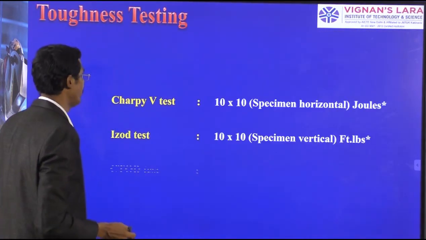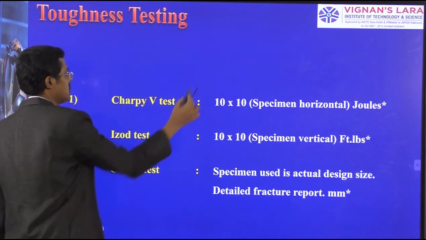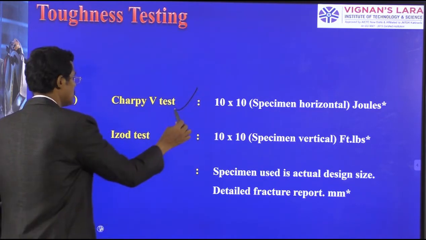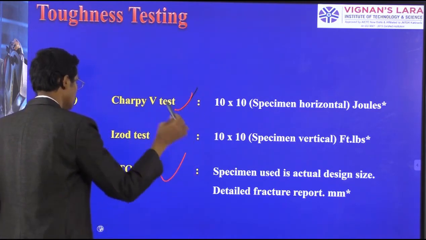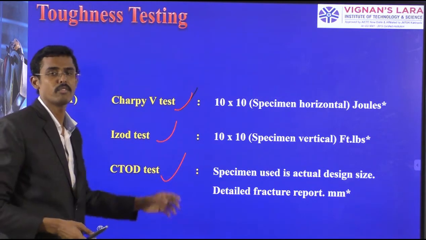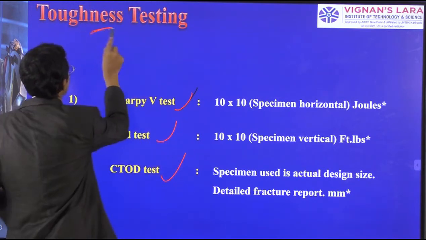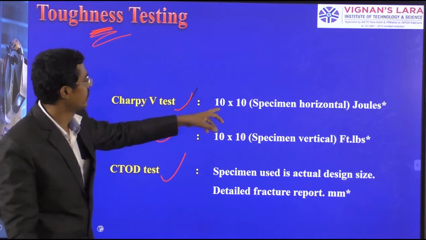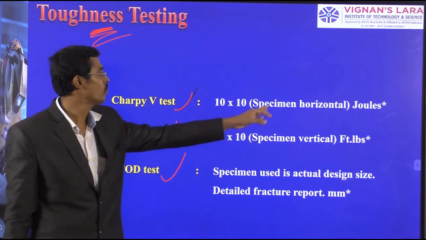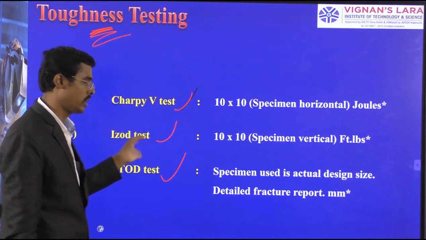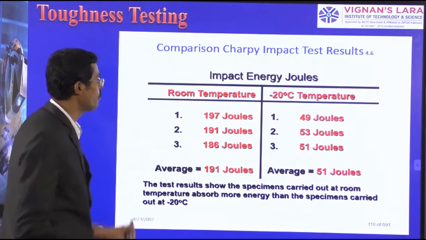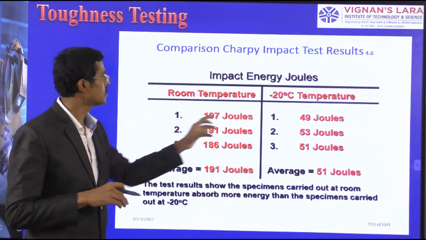Next there are the classifications of the Charpy test, then Charpy and Izod and CTOD tests also. These are some of the classifications of the toughness testing process. We take 10 by 10 specimens for both Charpy and Izod tests. So I want to compare these two categories.